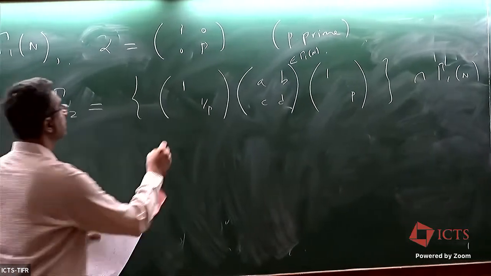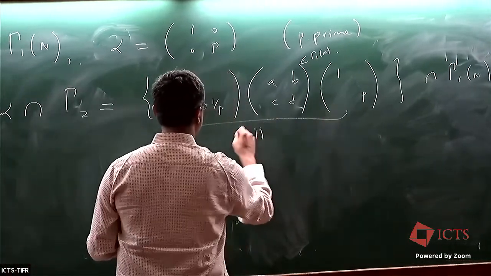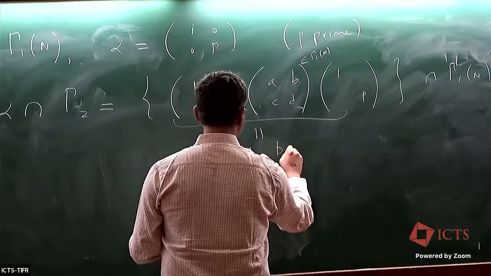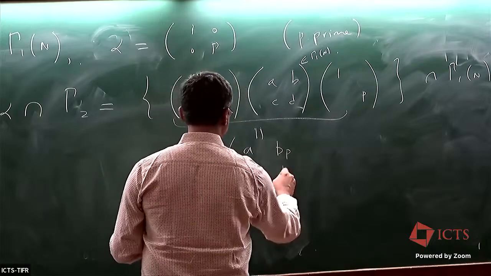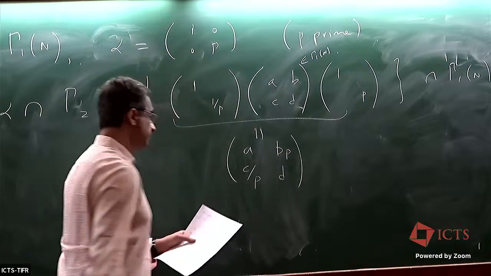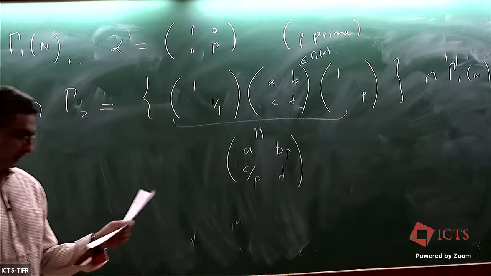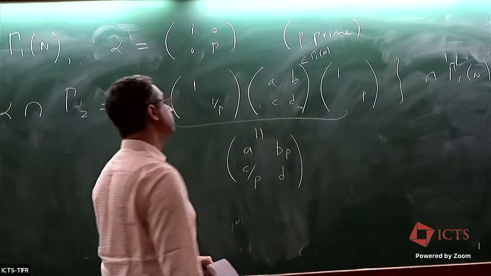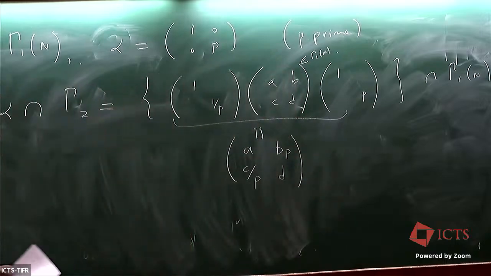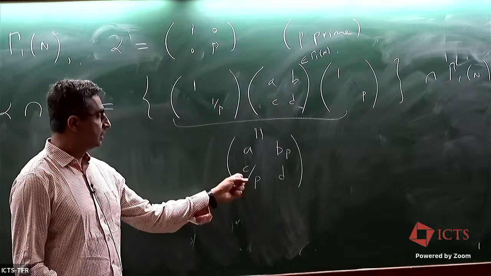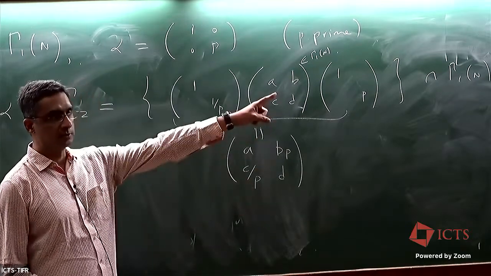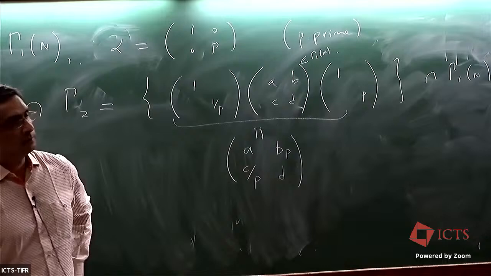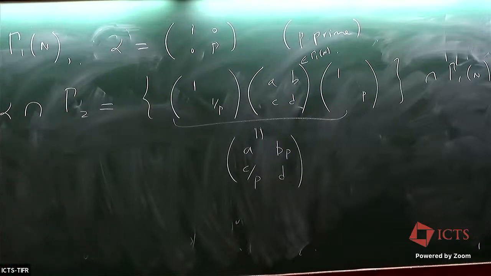What is this matrix? It is something like (A, Bp; C/p, D). So it's the intersection of all these matrices with gamma 1(N). You shouldn't be worried, because this by definition is an integer, since it's also in gamma 1(N). So you're only looking at those things where C divided by p is actually an integer.